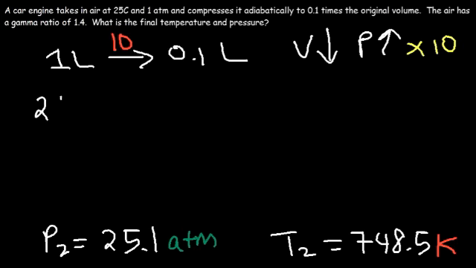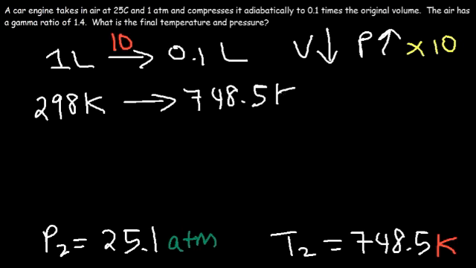The temperature changed from 298 Kelvin to 748.5 Kelvin. When you increase the temperature, you also increase the pressure. If we divide 748.5 by 298, it tells us that the temperature went up by 2.51.